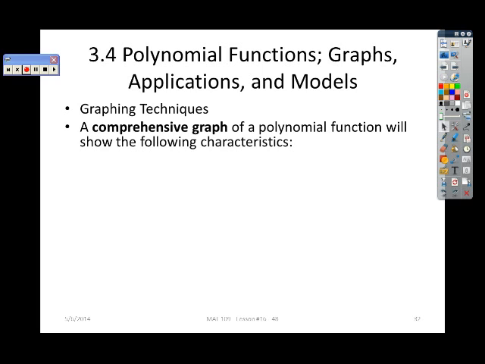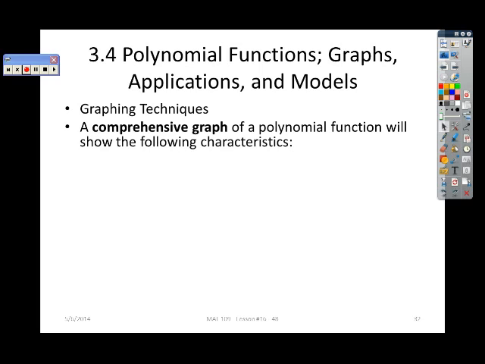Remember I said there were at most n-1 turning points for an nth degree polynomial? That could be a final decision maker. You look at the end behavior, you look at the direction it opens, you look at the x-intercepts, you look at the y-intercepts. You might finally have to choose based on how many times it switches directions.